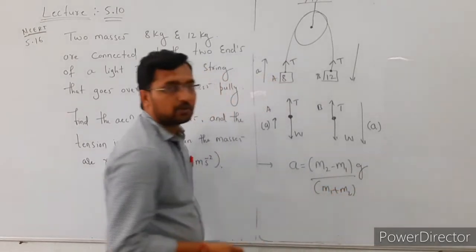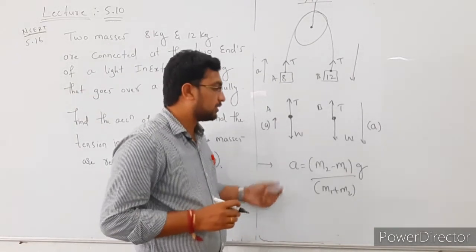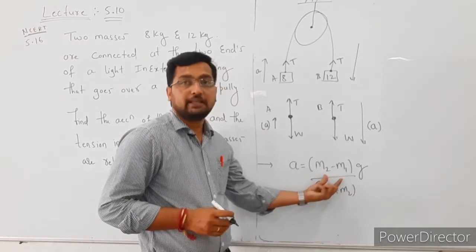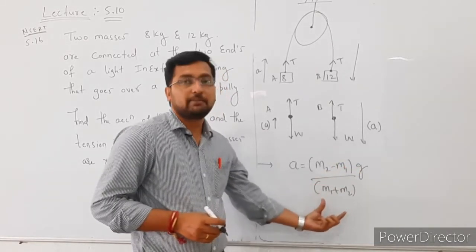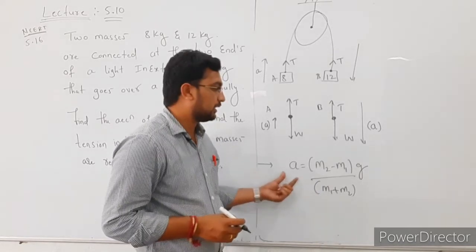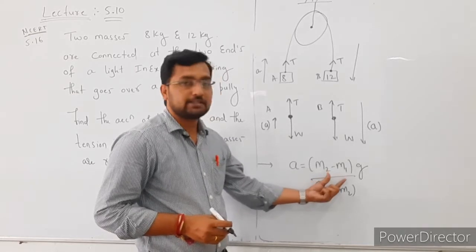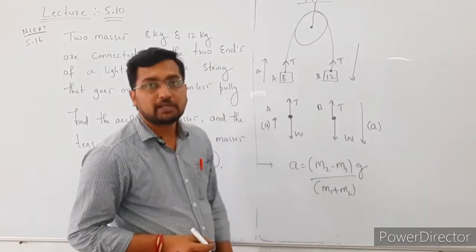Just remember this formula. How to remember it? Acceleration is equal to the difference in their masses into acceleration due to gravity divided by the total mass of the system, right? We can easily remember this one.